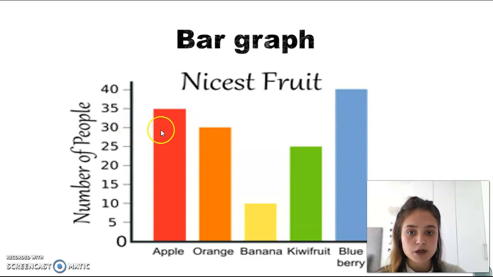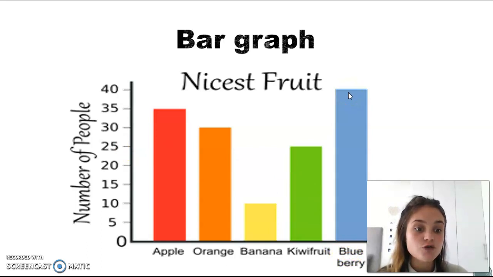Just put it across and see where your bar reaches what number. And banana, if you go all the way along, it says 10 people. And kiwi fruit, which is the green, if you go all the way along, it says 25. And blueberries in the blue goes all the way up to 40.